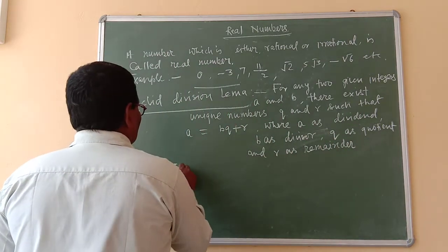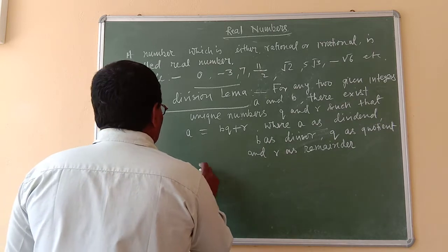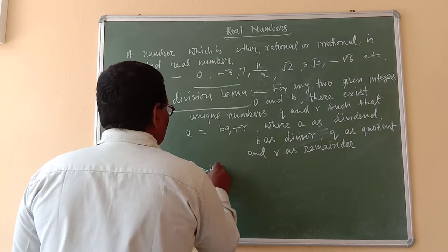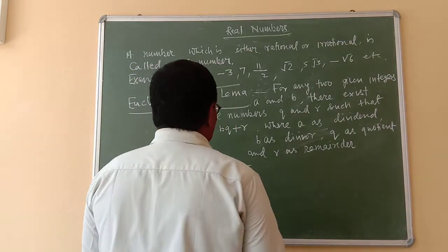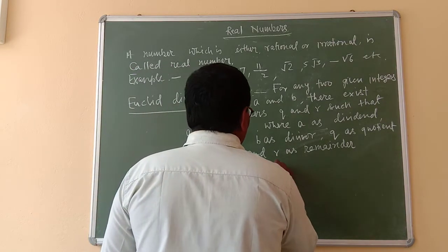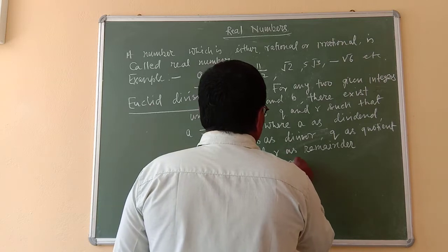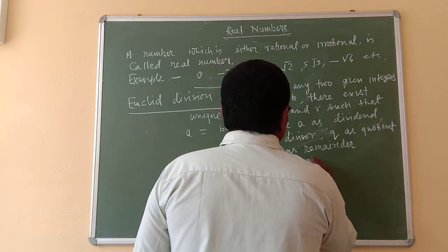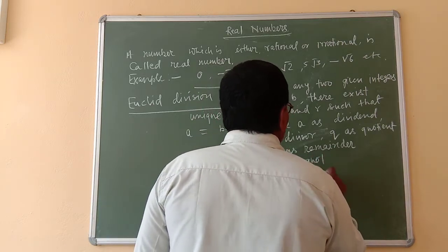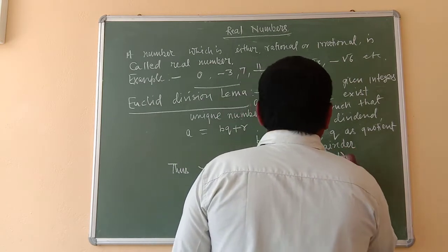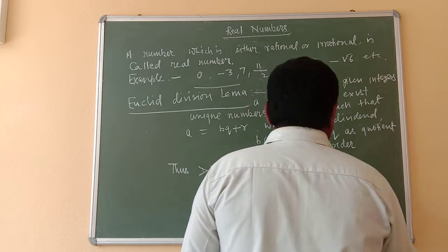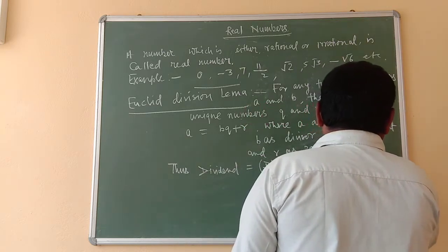Thus, dividend is equal to divisor into quotient plus remainder.